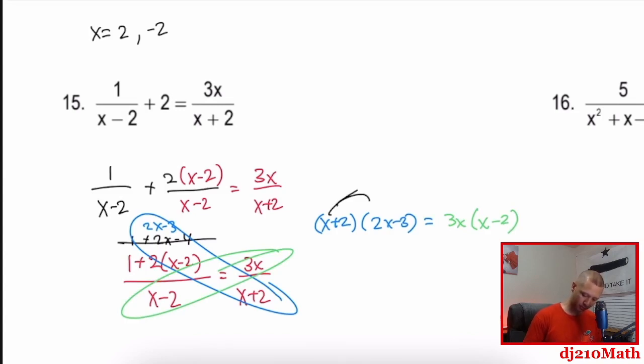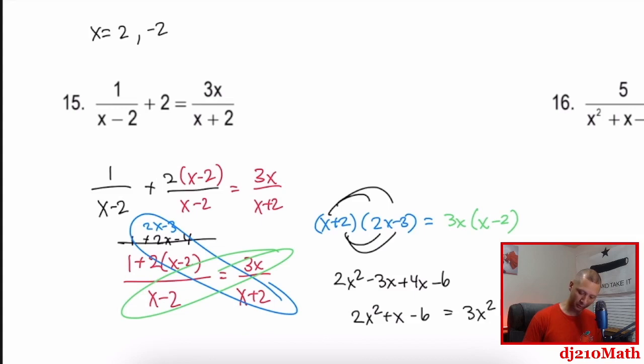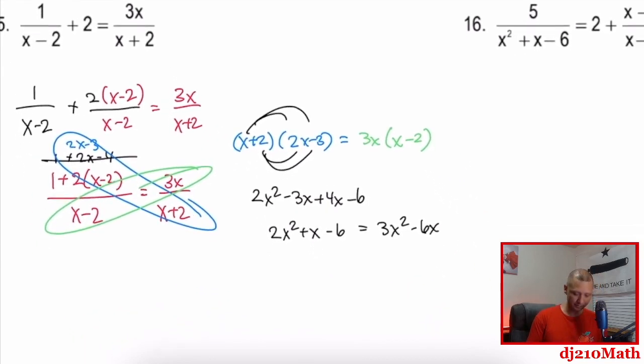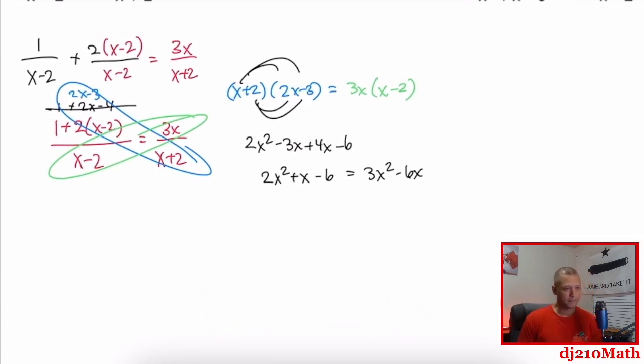So distributing: 2X squared minus 3X plus 4X minus 6, which is going to be 2X squared plus X minus 6, which is equal to 3X squared minus 6X. Oh, you can't see it. Okay. Move everything left.